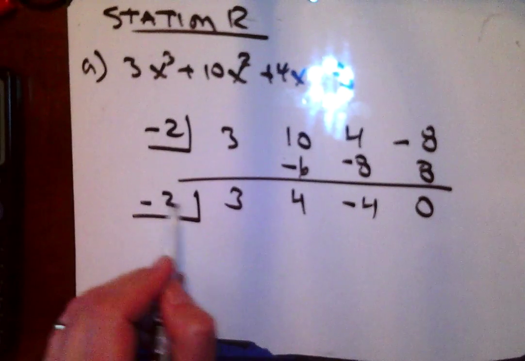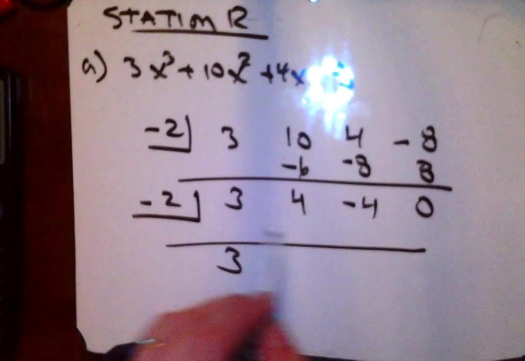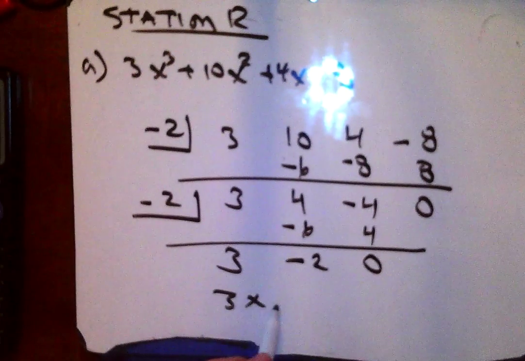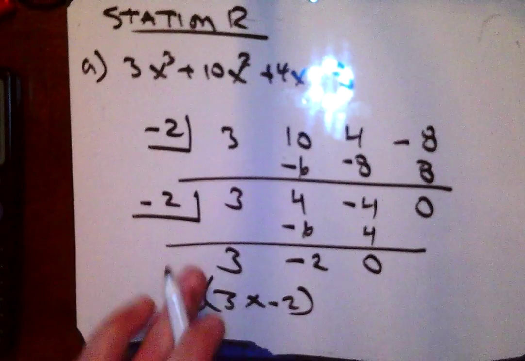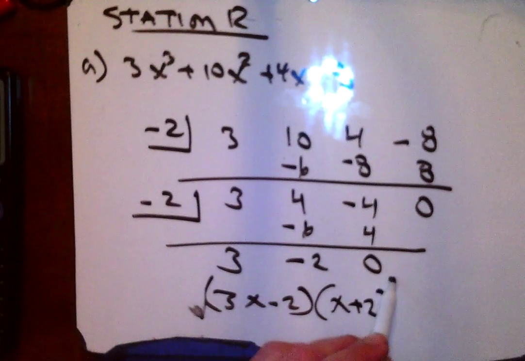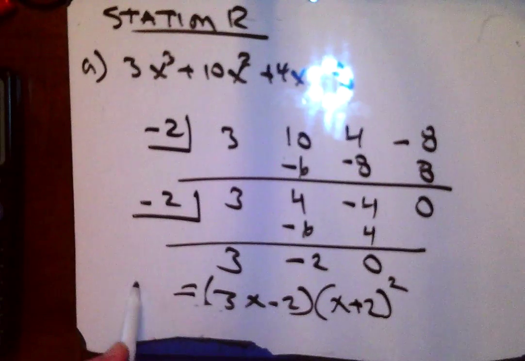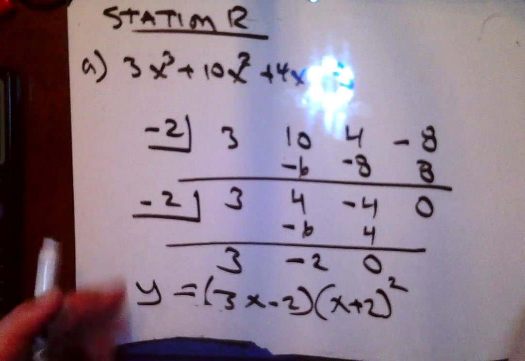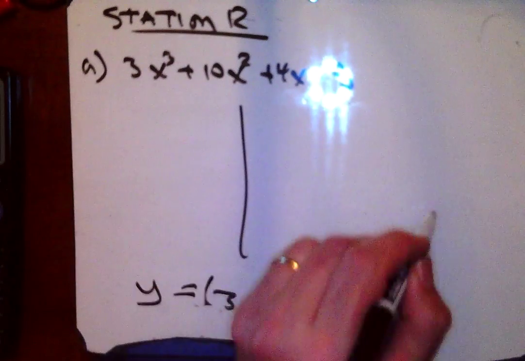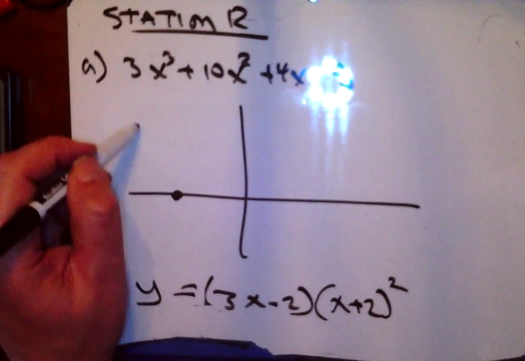And because of the bounce, let's do it again. 3, -6, -2, 4, 0. So this is 3x minus 2. And we had that x plus 2 squared. Was I supposed to graph the polynomial? Can do. So, I see that I have my bounce at -2.